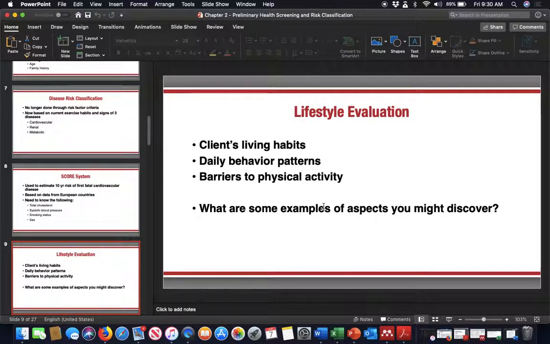So for lifestyle evaluations, how are they living? What are they doing daily? What is it that's causing them to not be able to complete their exercise? Some of the things that we have to ask ourselves is what are some examples of aspects you might discover? What are certain things that you're going to find? Are they a very active worker?